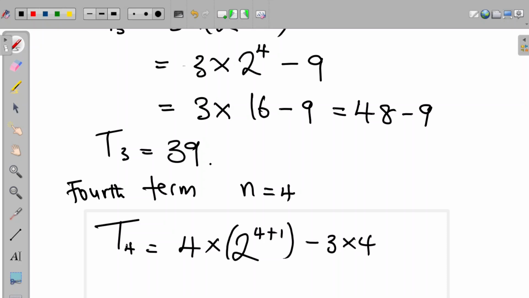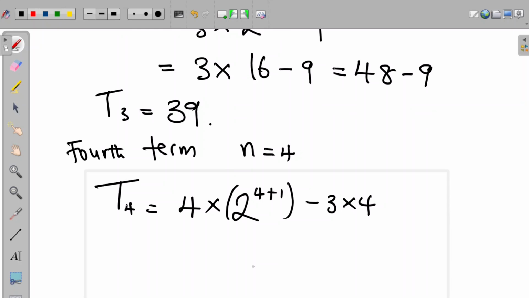So if we simplify our right-hand side, we have 4 plus 1 is 5. So we have 2 to the power of 5, minus 3 times 4 is 12.